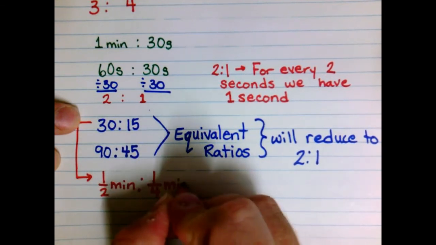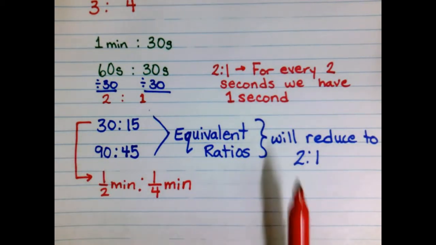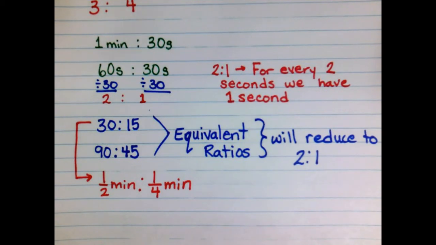Half a minute to a quarter minute would be equivalent to 2 seconds to 1 second. But once you get into fractions, these ratios become harder to work with. So we'll stay with questions where the ratios compare two whole numbers.